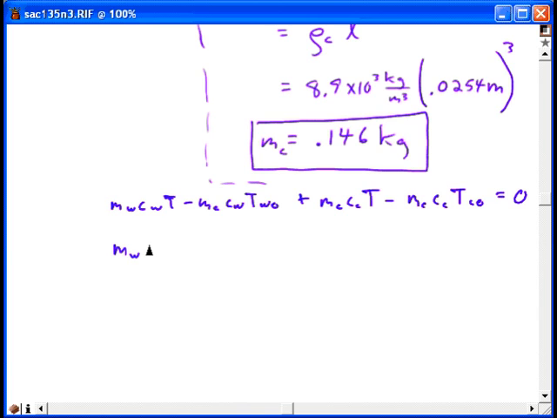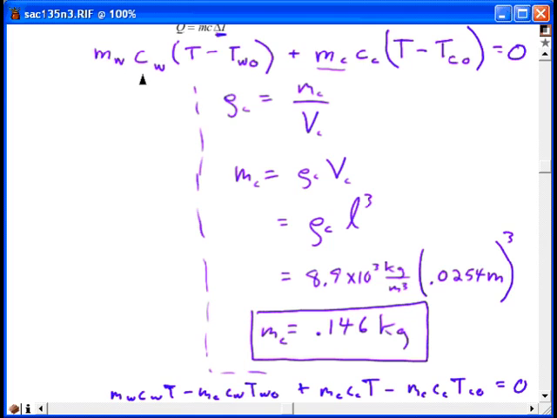So I got the MCT for water over here, plus the MCT for copper. And then that's going to be equal to, I'll add these two terms to both sides, and I get the M. Looks like I wrote MC there, but that came from up here. This is MWCW times TW0.